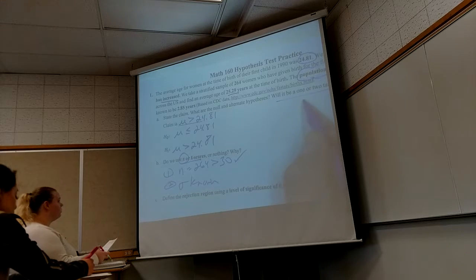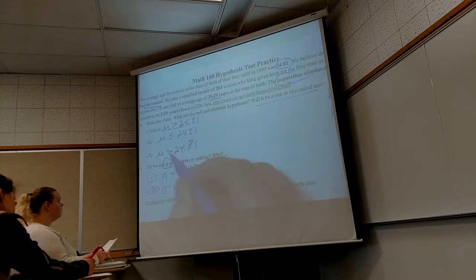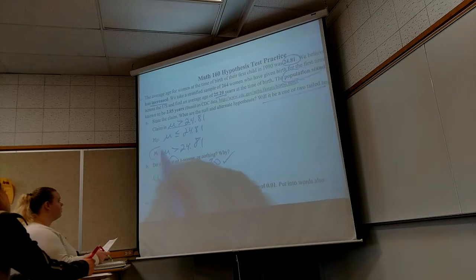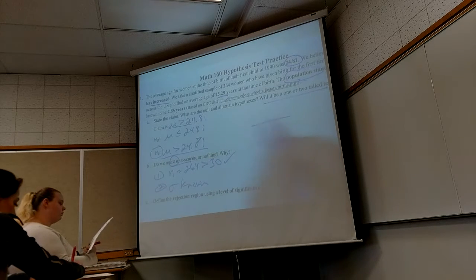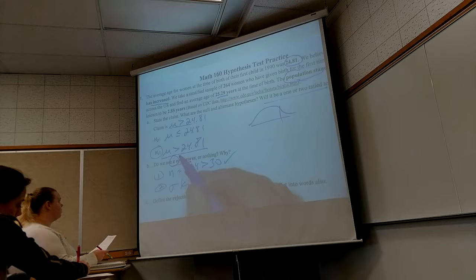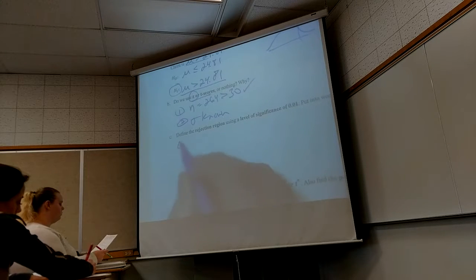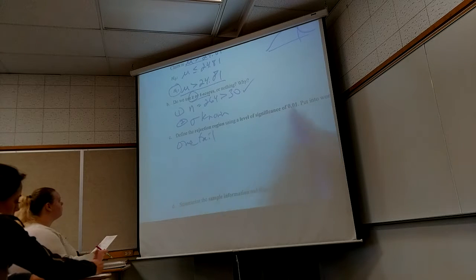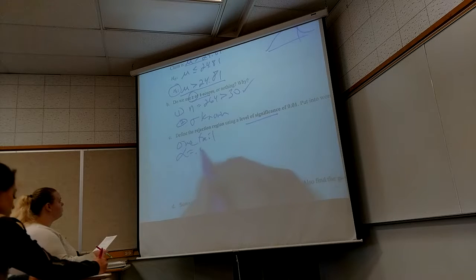Up here, I forgot to say, is it a 1 or 2 tail test? I only care about greater. This always sets up my tails, or tail. In this case, it's going to be up there. This is greater, so I know it's a 1 tail. I know alpha is 0.01.